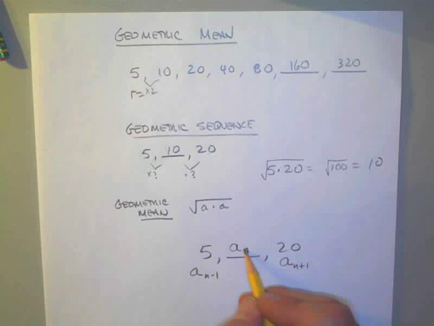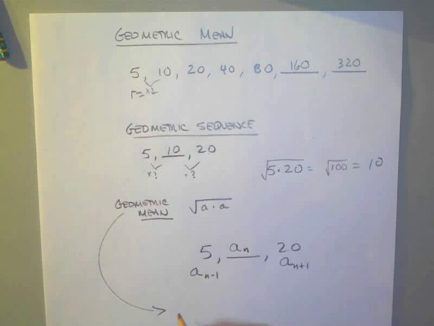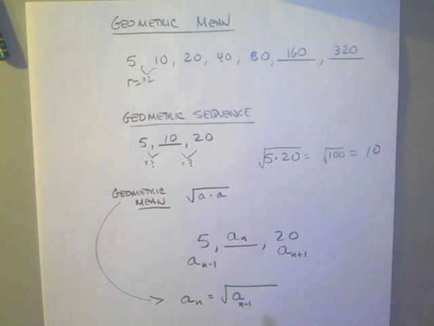And so to get an, which is the geometric mean, we are going to do the following. An equals the square root of an minus 1 times an plus 1. And that is the geometric mean.